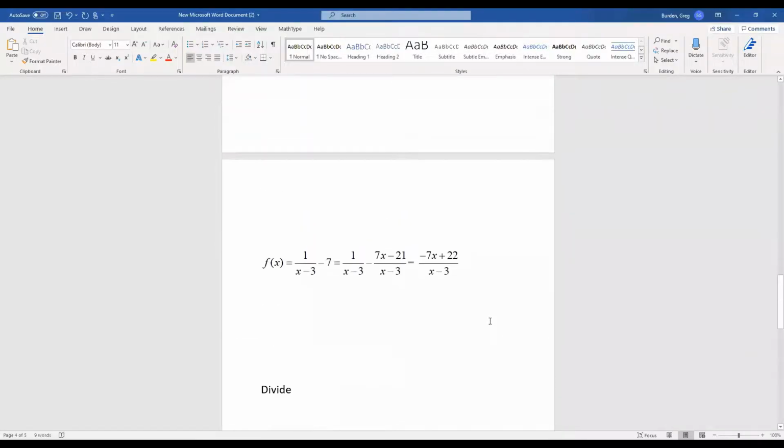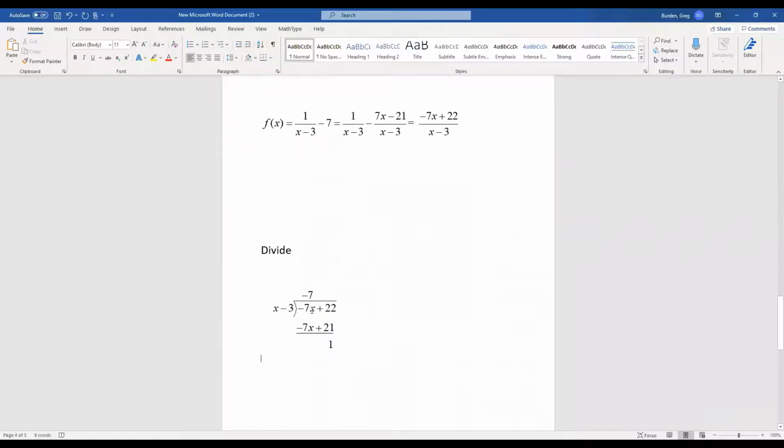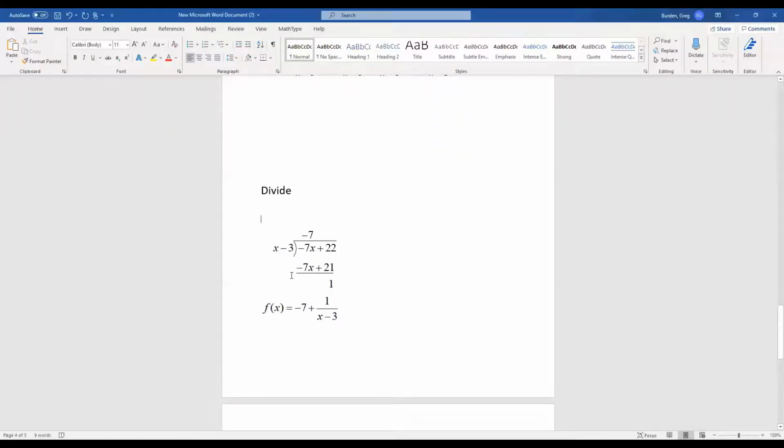Yeah, it seemed like I had it written down someplace else before. But one way of looking at this is that it would give us the result of f of x is equal to the negative 7 plus the 1, oh, I need a fraction for that, divided by the x minus 3 divisor. So this is what I'm saying here.